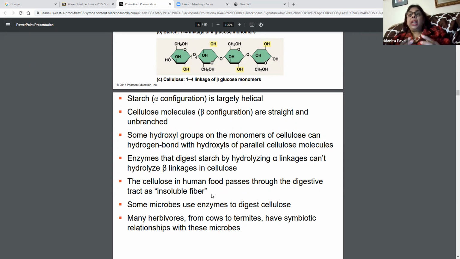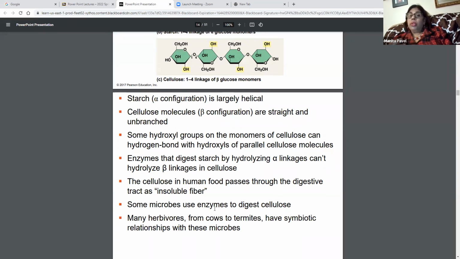But why are we eating these plant materials? Because we can digest and absorb the soluble fiber, but we cannot digest the insoluble fiber, which is eliminated in our excreta. And some microorganisms use enzymes to digest the cellulose.